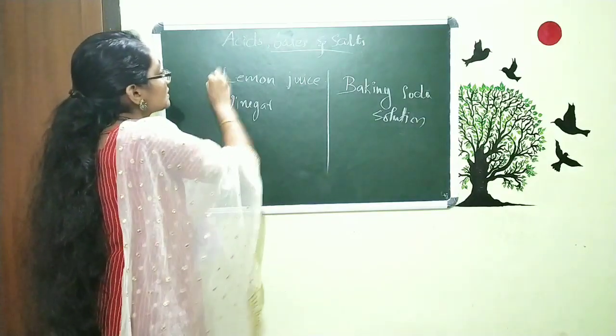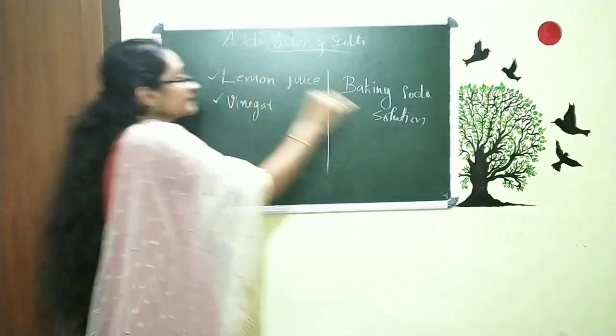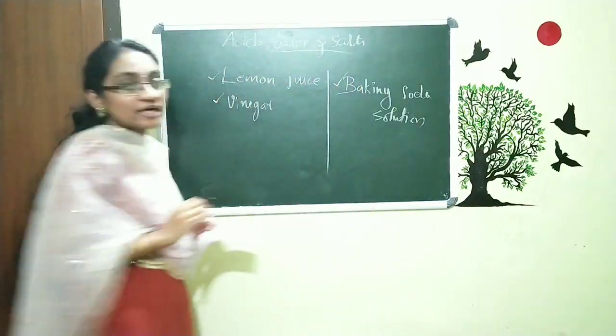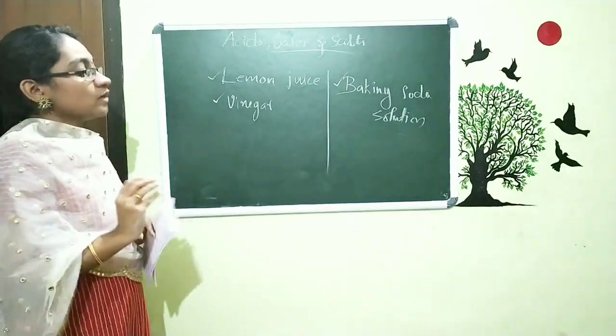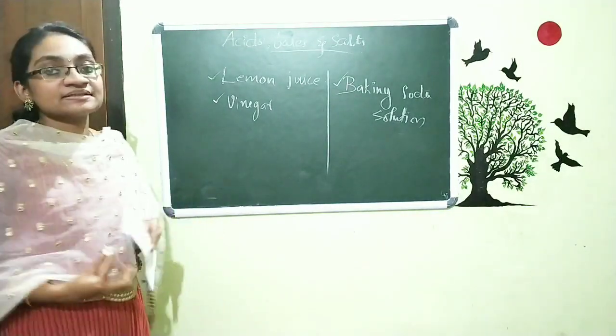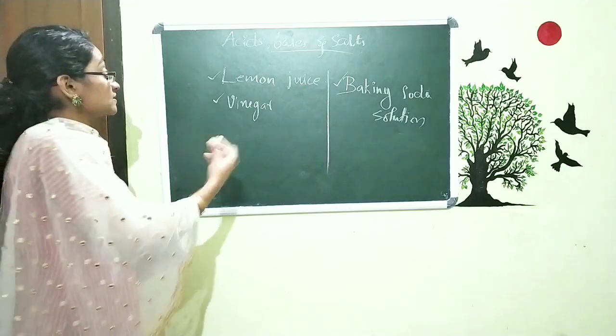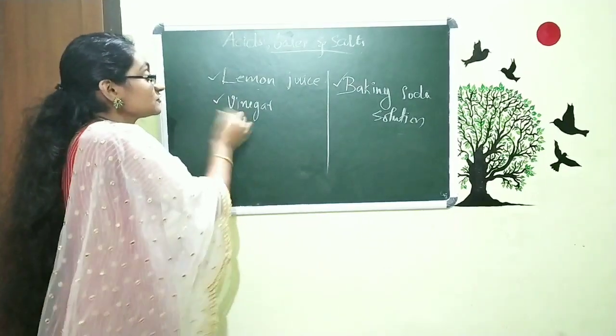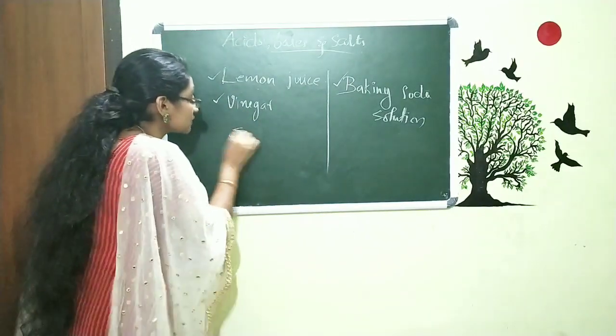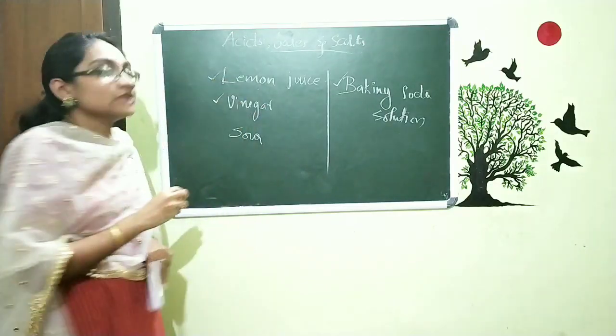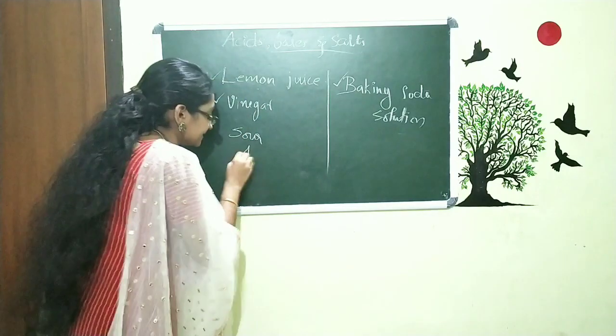So I have three different types of things. The first one is lemon juice, then vinegar and baking soda solution. Now when we are tasting this, what is the taste of this? For the lemon juice and the vinegar, the taste is sour and we call these acids.